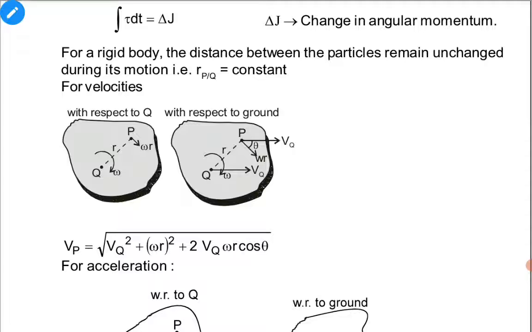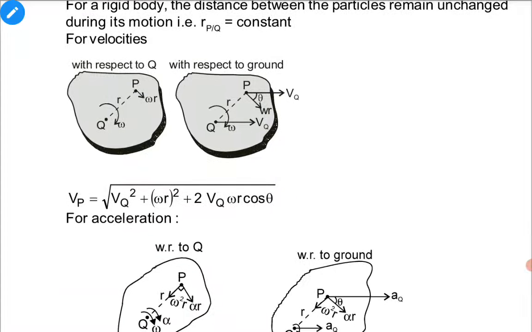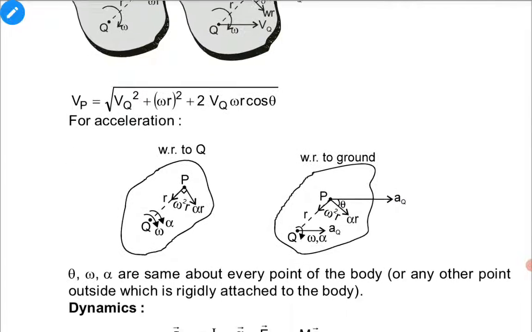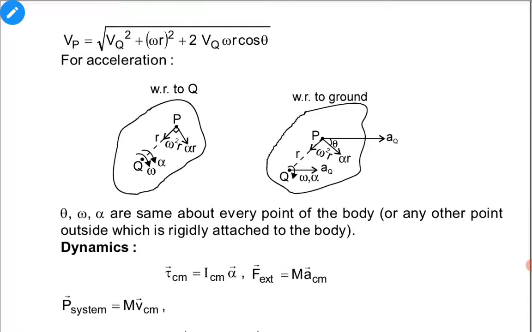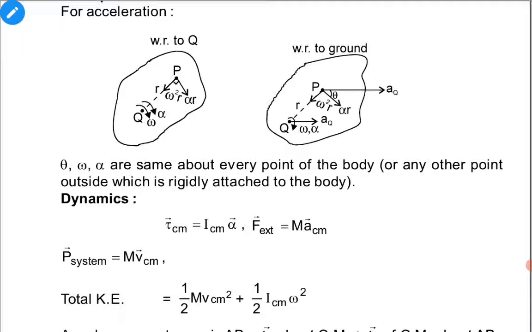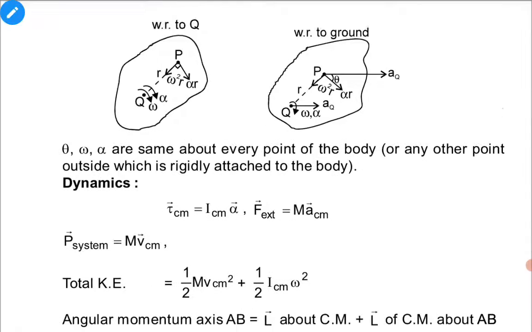For velocities with respect to Q and with respect to the ground, velocity at point P equals under root V_Q square plus omega r whole square plus 2 V_Q into omega r into cos theta. For acceleration with respect to Q and with respect to the ground, you can see here theta, omega and alpha are the same about every point of the body or any other point outside which is rigidly attached to the body.